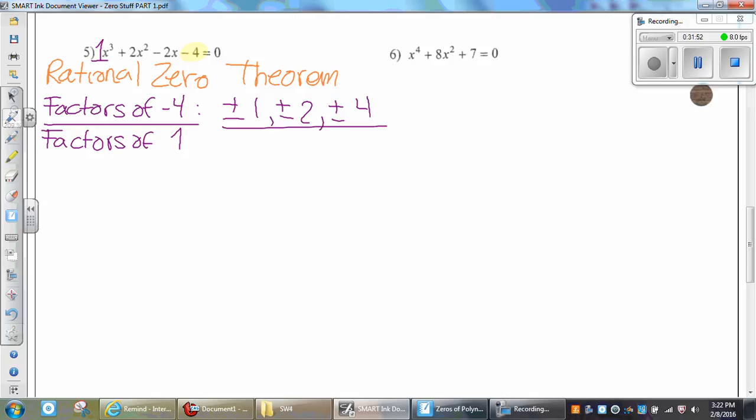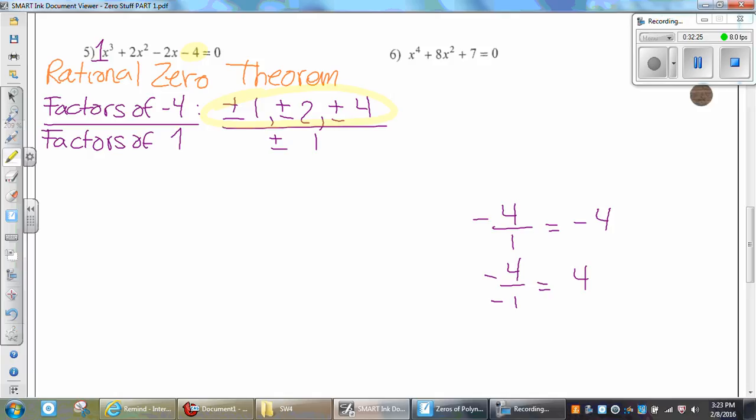Yes, always plus minus, because -4 could be divided by positive 1, but it could also be divided by -1. So yes, we will always consider both the positive and negative. And the factors of 1, that one's easy, it's just plus minus 1, right? So if we were to use that corollary of the rational zero theorem, the one that says that if the leading coefficient is 1, the factors are just this one up here. I mean, the possible, I'm sorry, let me rephrase myself.